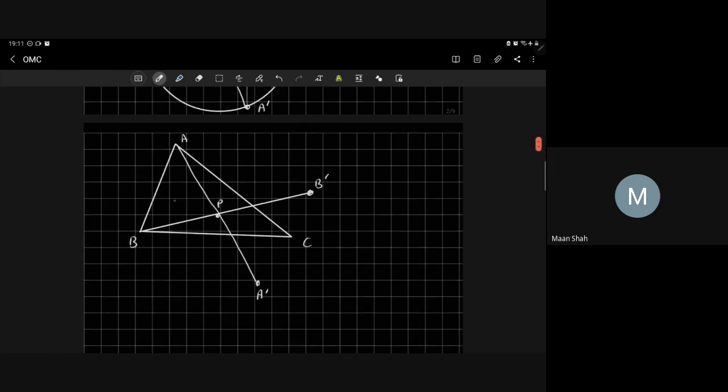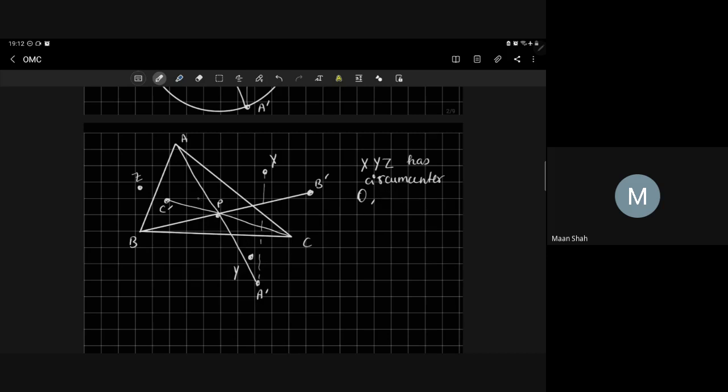B prime, C prime are reflections of B, C over P. If you reflect A over BC to point X, B over CA to some point Y, and C over AB to some point Z, then it turns out that XYZ has circumcenter coinciding with the circumcenter of ABC.